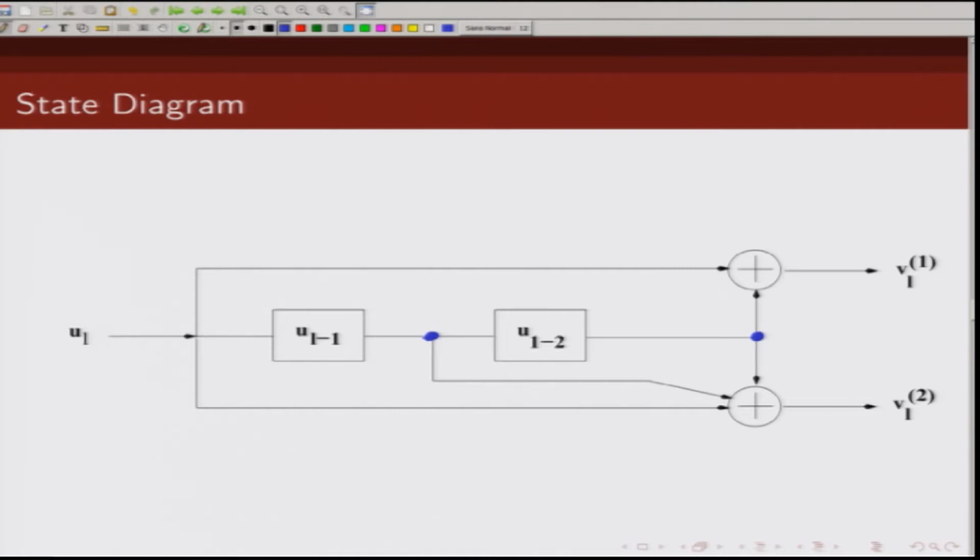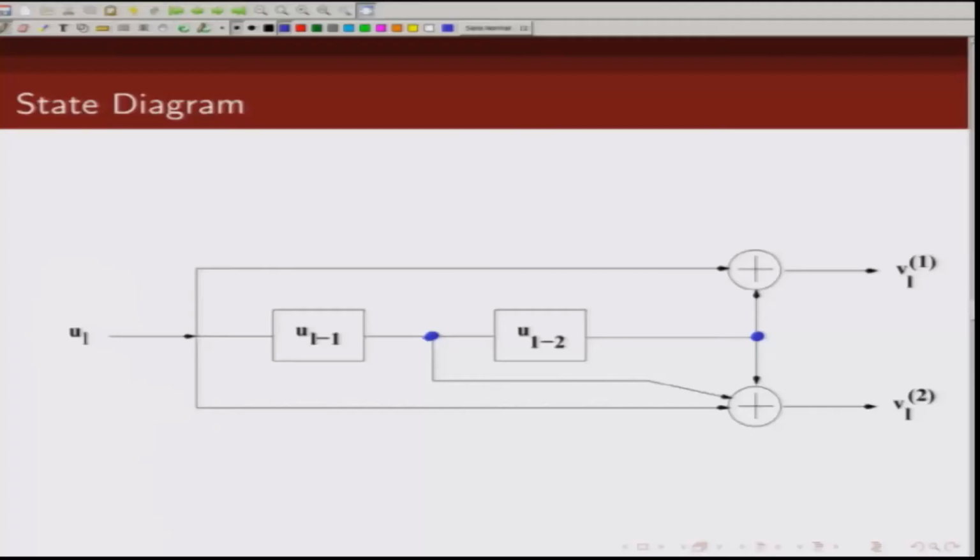When you get a new information bit, depending upon the state, you will get the corresponding output. In the next cycle, this information bit U L will move to this location, and whatever was stored here will move to this location, so there will be a state transition.